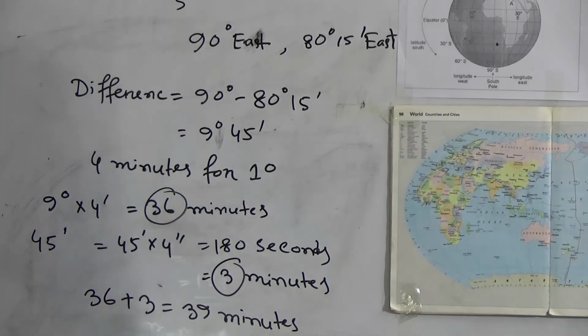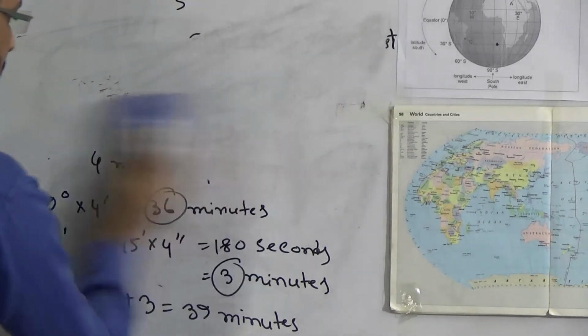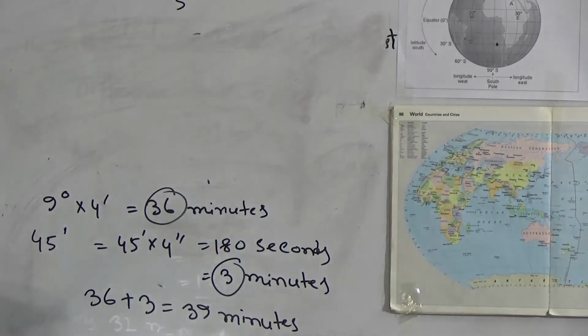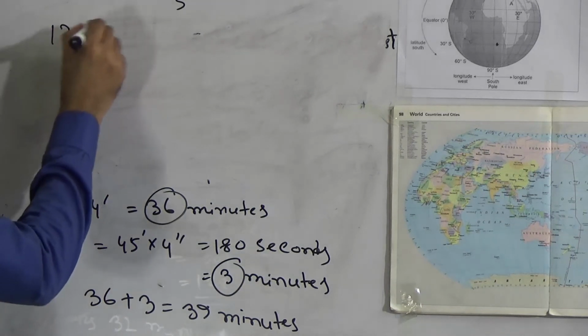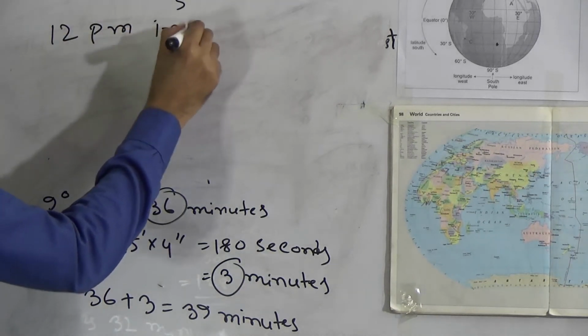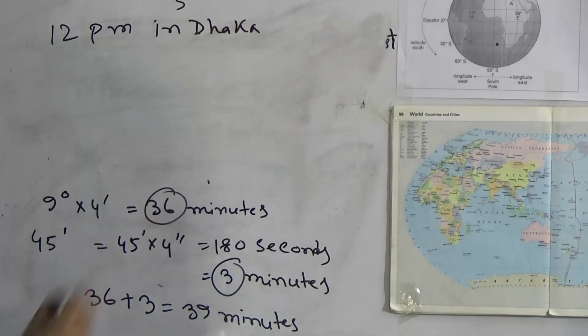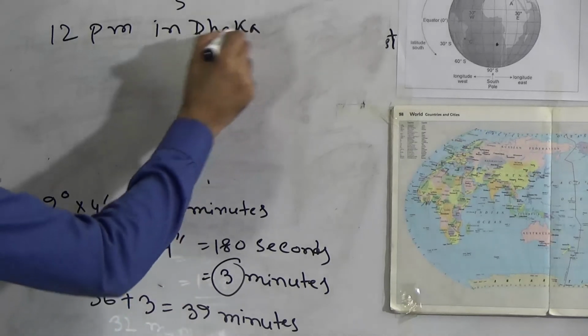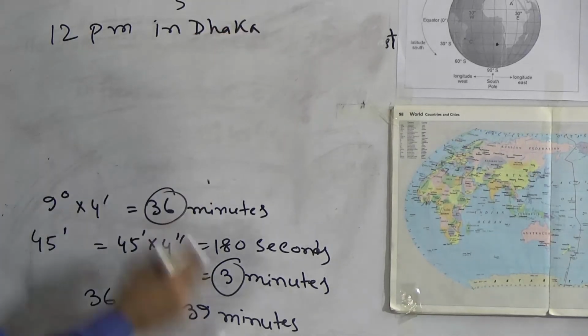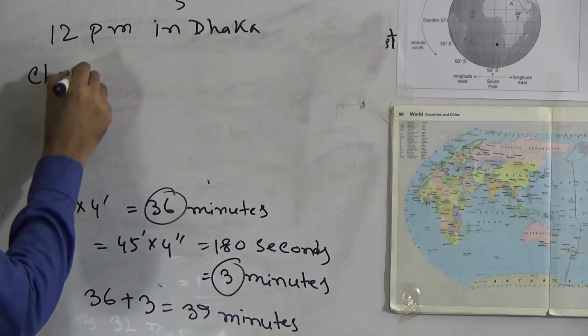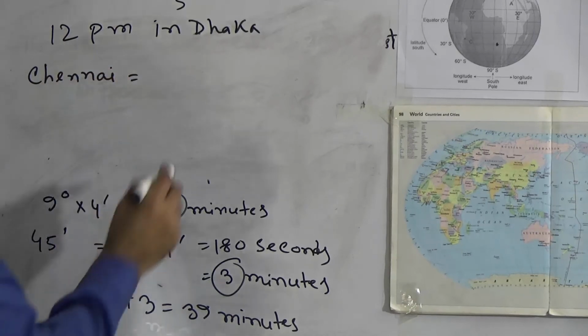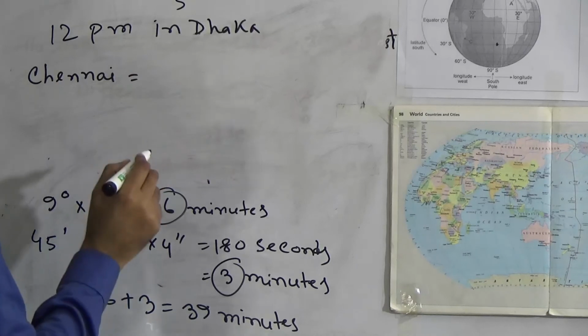So in the question it is said, what is the local time in Chennai when midday occurs in the sky of Dhaka? So if it is 12 p.m. in Dhaka, the local time in Chennai will be 39 minutes less.